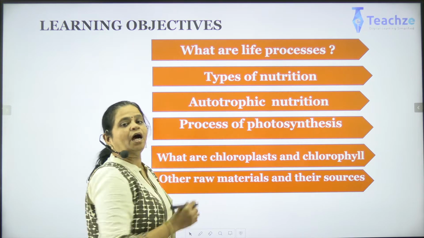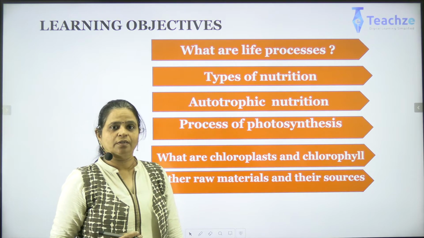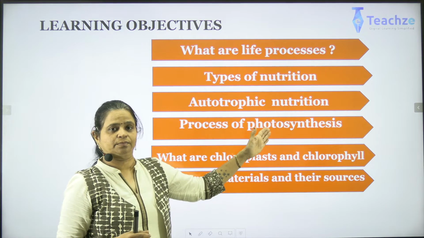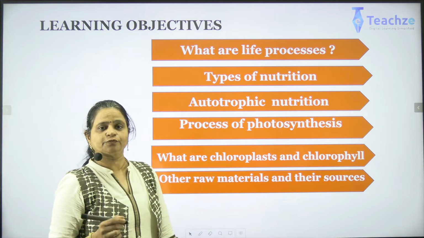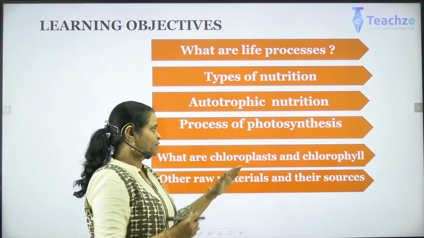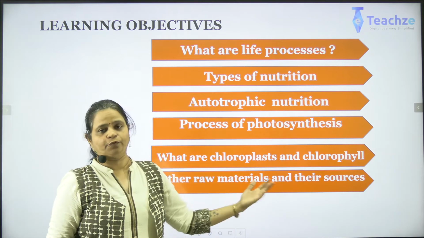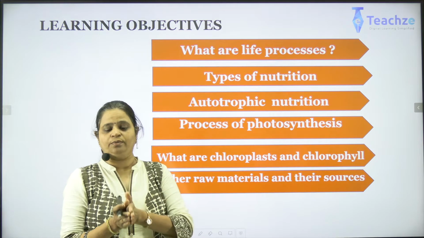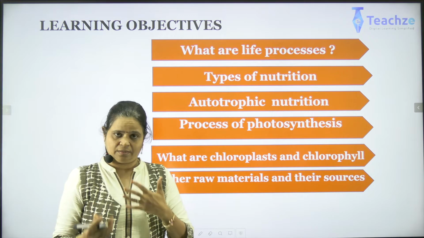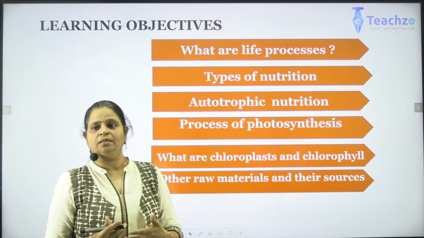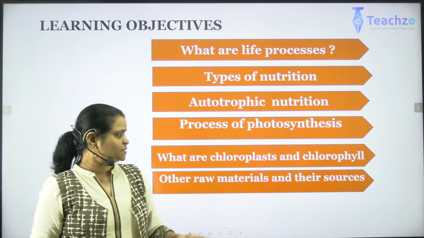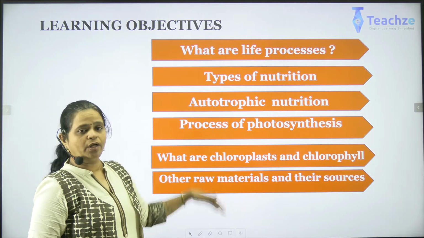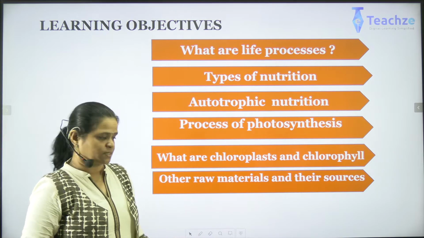Then we will be looking at how plants make their food, and what is the process by which they make their own food, that is photosynthesis. Then we will look at the place where photosynthesis happens in plants, what makes plants very different from other kinds of organisms, and how they fetch the raw materials for this process. All that we will be studying in this particular session.